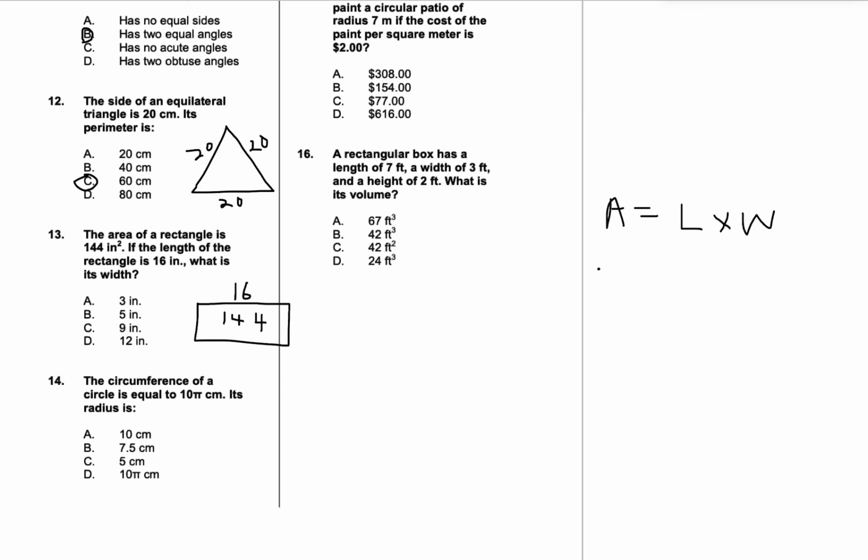In this case, we've been given the area, right? So we just plug in the 144, and then we've also been given the length. So this is 16. So the only thing we're looking for is the width. So we could just divide both sides by 16, and we should get width is equal to.